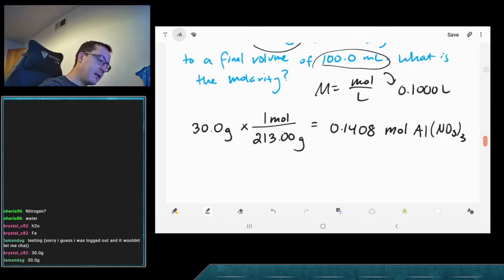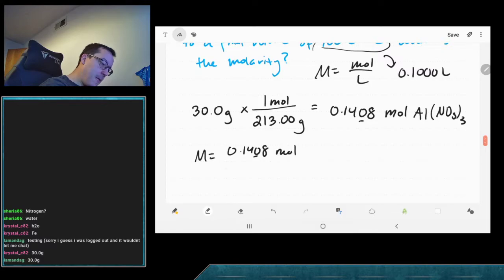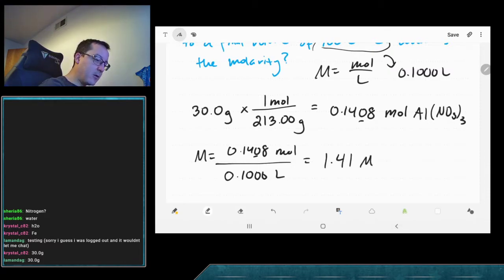And so the molarity is going to be that number of moles, I'll put my sig fig marker there, over 0.1 liters. And so that will be a 1.41 molar solution of aluminum nitrate.